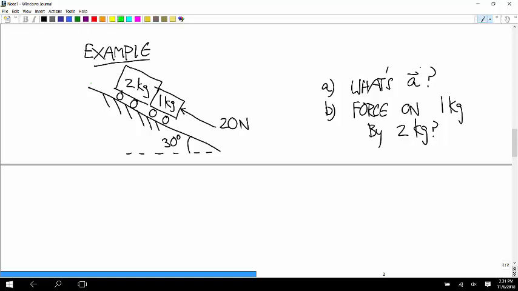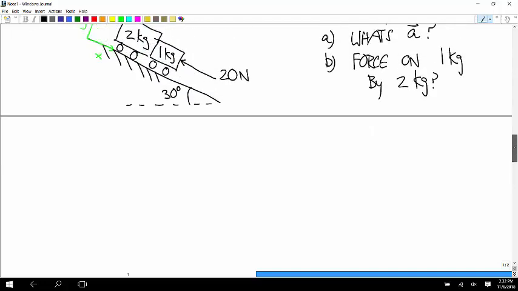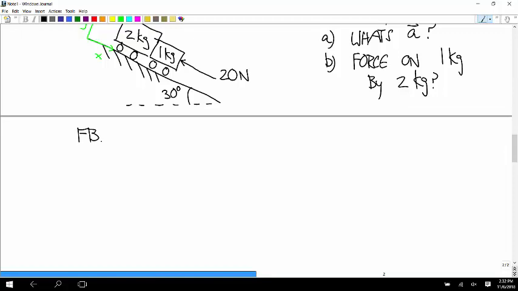Okay, so the coordinate system looks like this. The y-axis pointing out of the surface. The x-axis is down the incline. Free body diagram of both parts together.